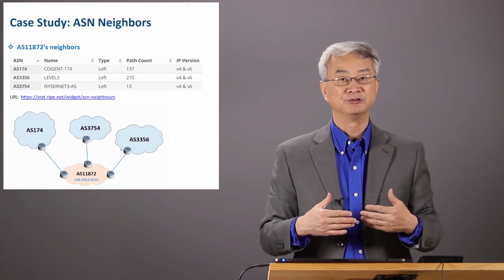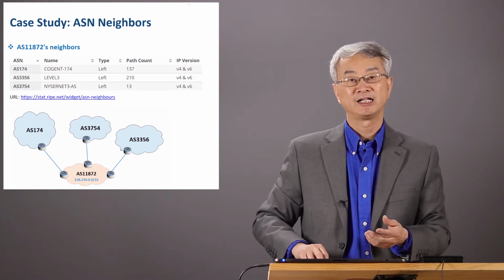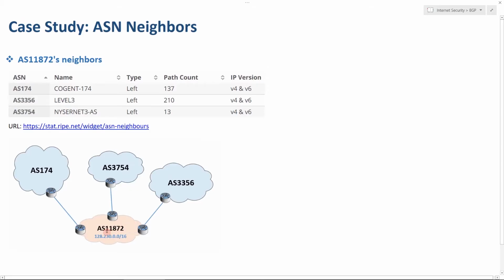So Syracuse University's autonomous system number is 11872, and this is the network address, 128.230/16. It connects to 3 different autonomous systems. 174 is Cogent, and this one is NYSERNet, and this one is Level 3.